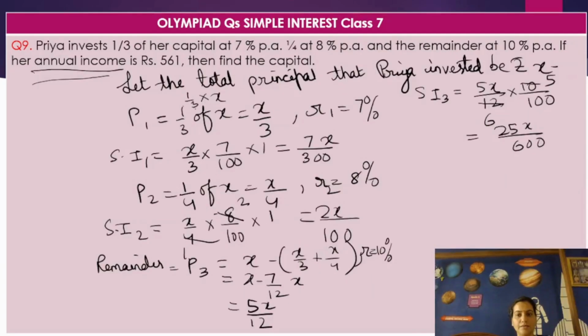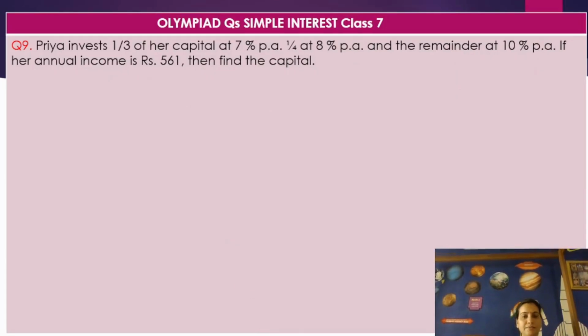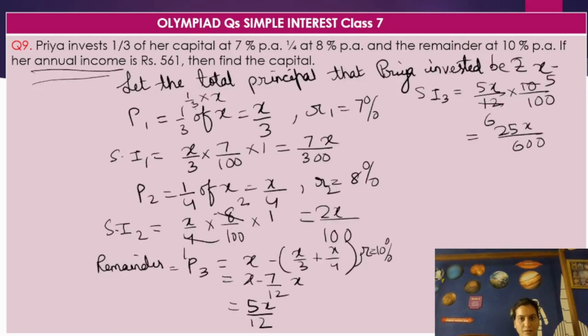All right. So what will this 3rd simple interest be equal to? This 3rd simple interest will be equal to rupees 561. This is her annual income that she is getting from all that she has invested in 3 different investments. So let's put the value of SI1. SI1 is 7x by 300.